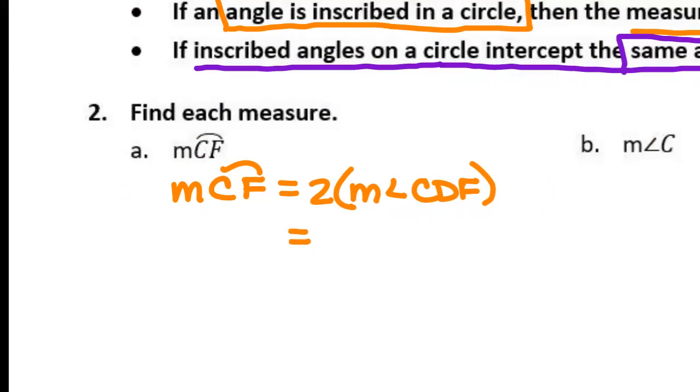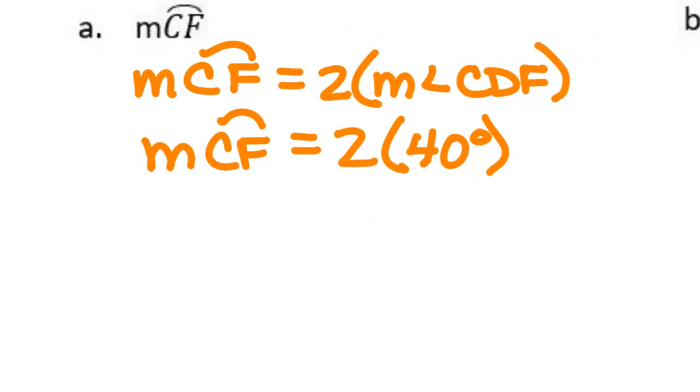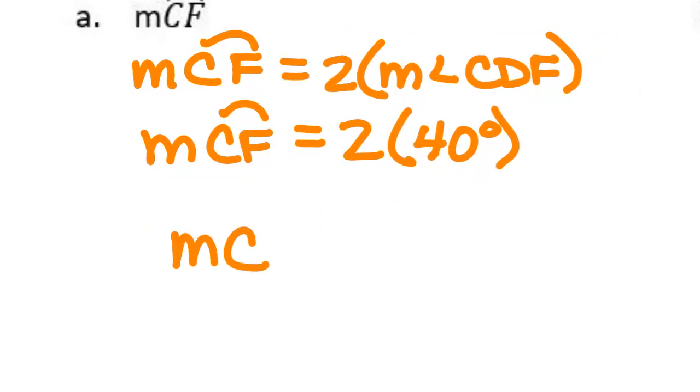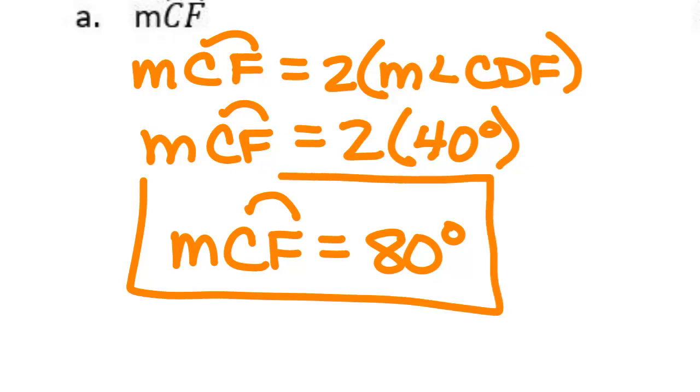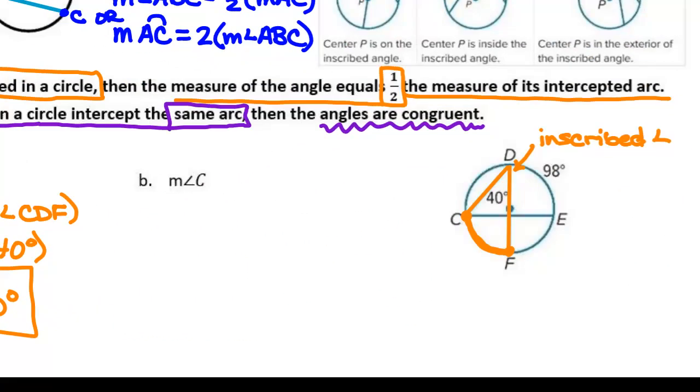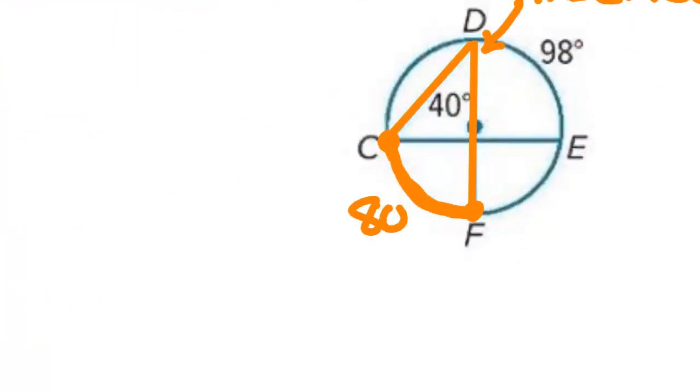And angle CDF is how big? 40 degrees. What is 2 times 40? 80. So arc CF is 80 degrees.